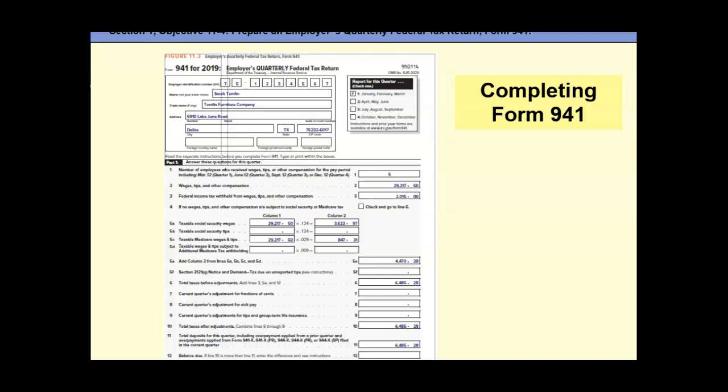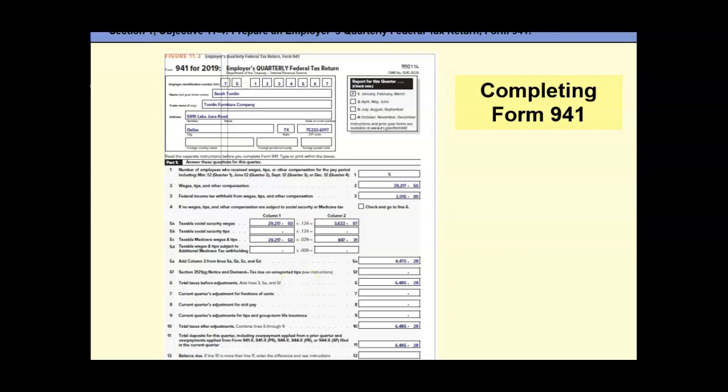You're responsible for knowing the types of taxes shown on the Form 941: federal income taxes withheld from the employee's earnings, Social Security taxes and Medicare taxes, both the employer's portion and the employee's portion. So again, the total amount owed would be $6,485.28.